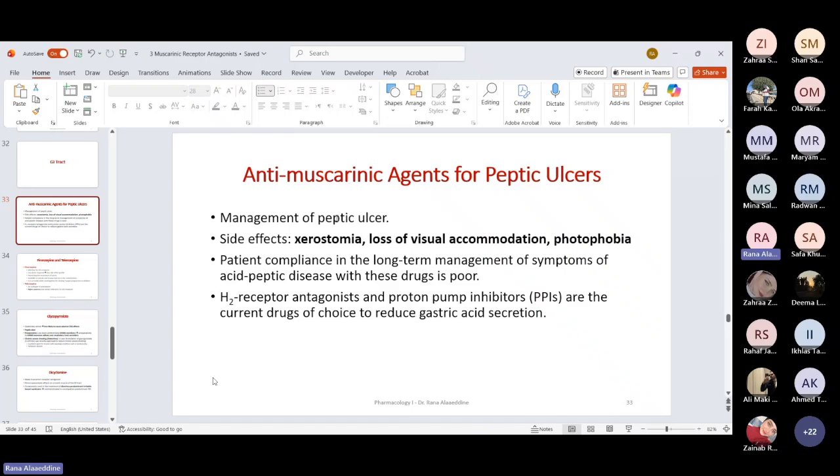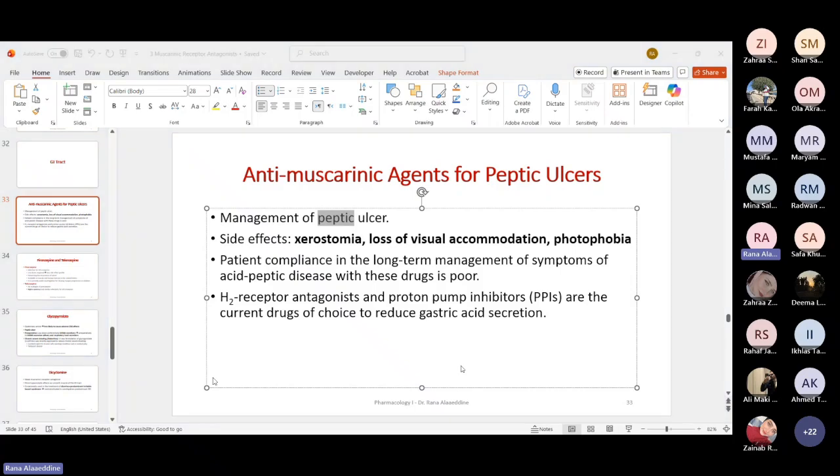So number one, patients with peptic ulcer. Guys, are you familiar with this word, peptic ulcer? Okay, so patients with peptic ulcers, they have a problem in their acidity, so it's good to give them these drugs. But these have so many side effects. So now we have different classes of drugs that we're going to take in pharmacology too. Those drugs are called H2 receptor antagonists and PPIs.